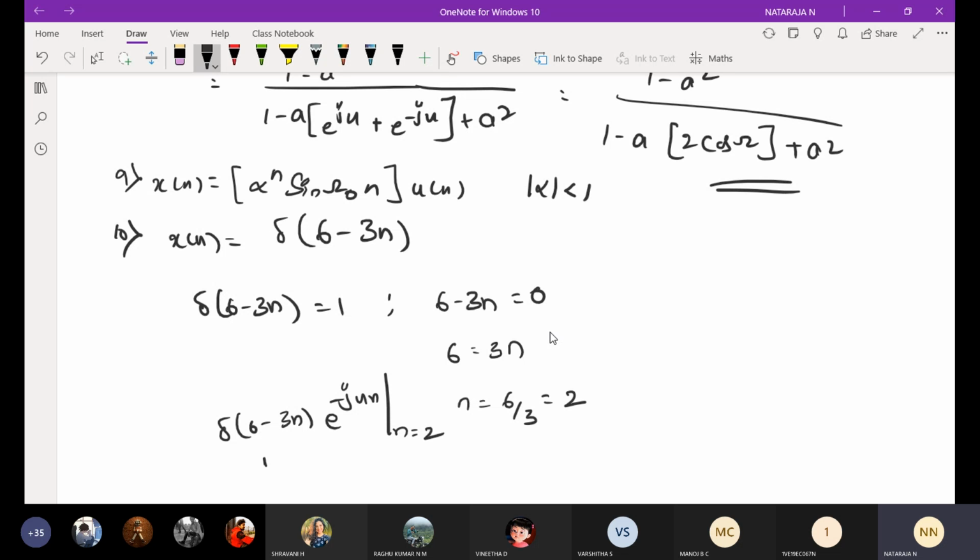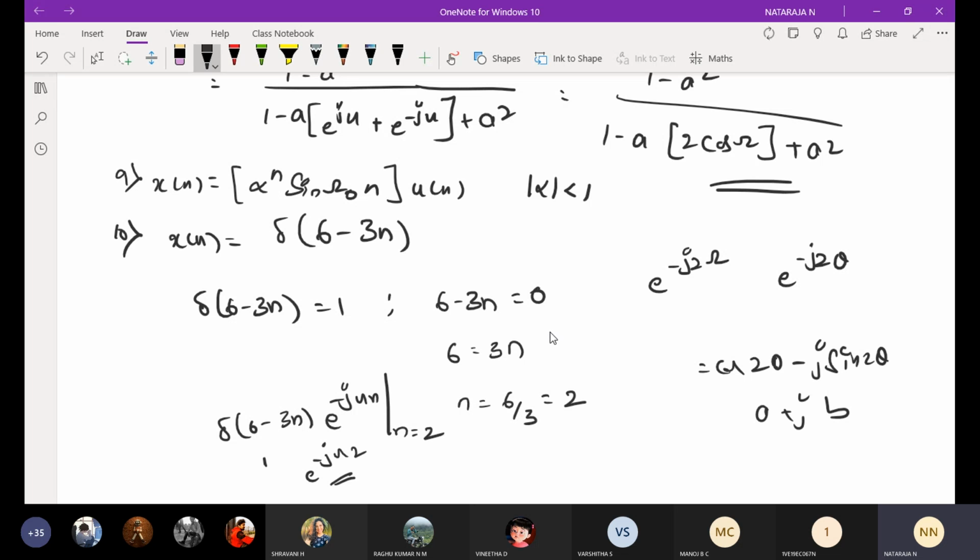At that time you will get e power minus j omega 2, that is in the form of e power minus j 2 omega, e power minus j 2 theta, cos 2 theta minus j sin 2 theta. This will be in the form of a plus jb.